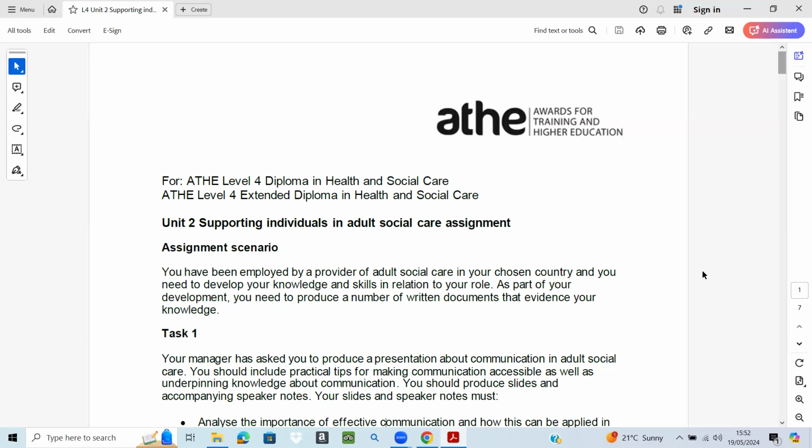So what was risk assessment? Conducting comprehensive risk assessment is essential to identify potential hazards, and we also assess the individual needs and implement appropriate safety measures. This helps in preventing accidents, minimizing risk, and ensuring a safe environment for individuals receiving care.